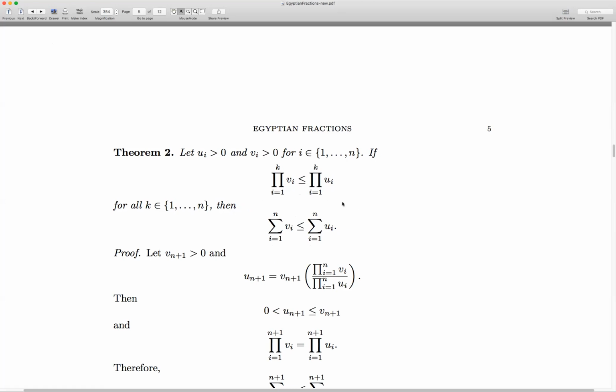This doesn't look like Muirhead's inequality, but it's a corollary of it, if you like. That is, I use Muirhead's inequality to get this. And this is what Sound uses.